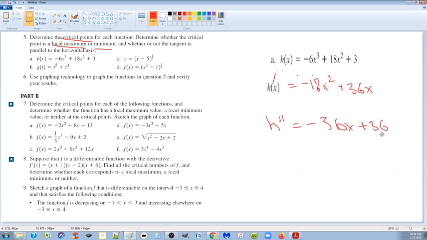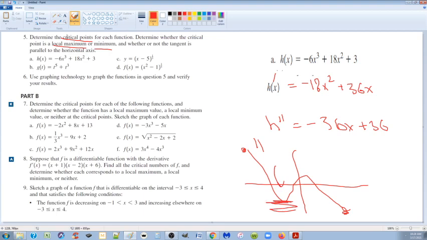Now we're also going to examine this graph a little bit. Since this has a reflection in the x-axis, we're now talking about a cubic that starts in quadrant 2 and ends in quadrant 4. That's what that reflection does. Which means the first value I'm going to come across is going to be the min. And I don't even have to really test it.